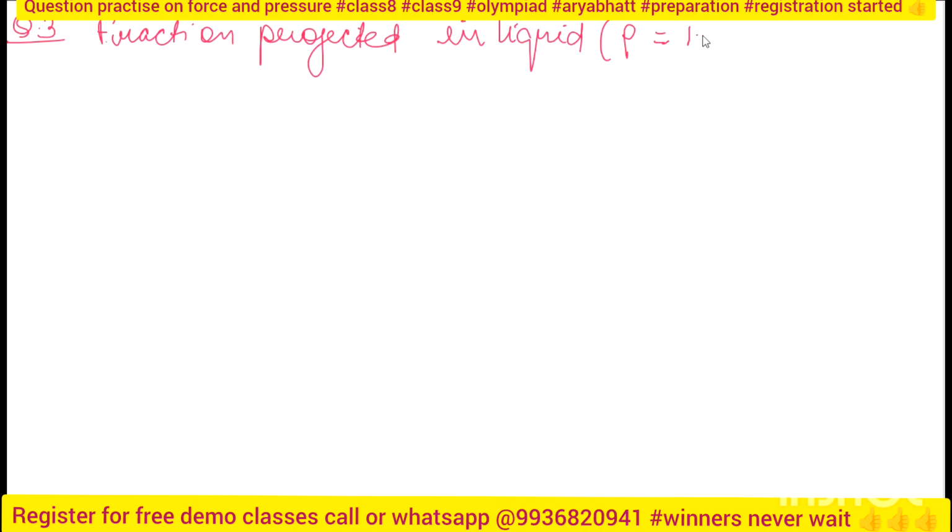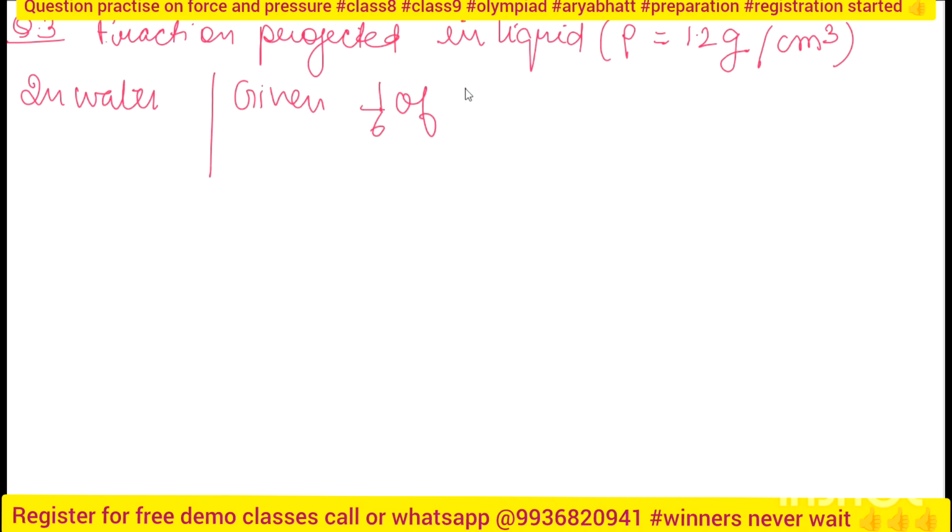Question number 3: we have to calculate the fraction projected in liquid. They have given rho equal to 1.2 gram per centimeter cube. Now in water, 1/6 of the volume is above water.